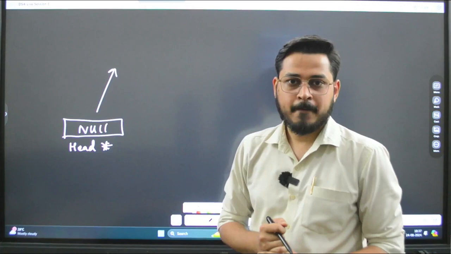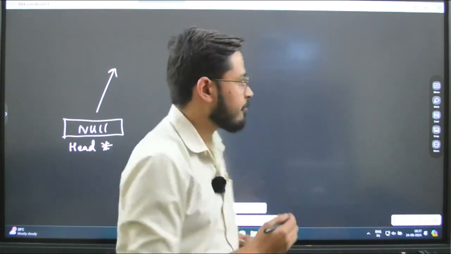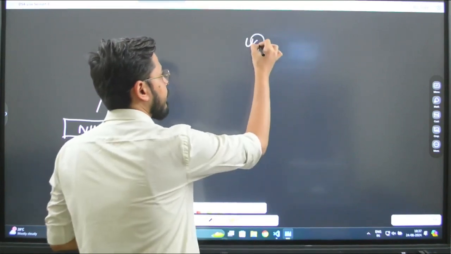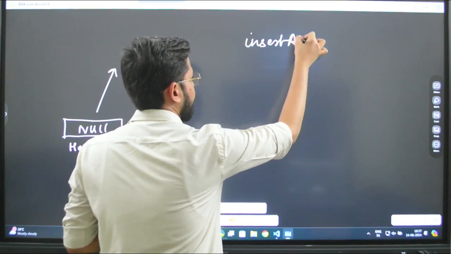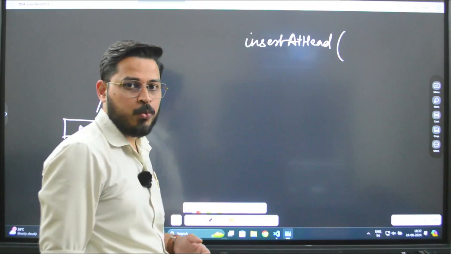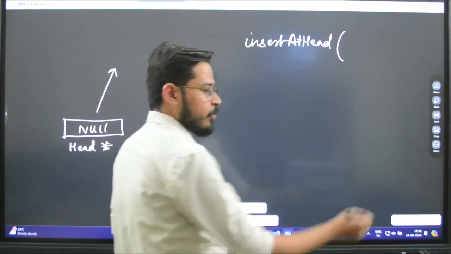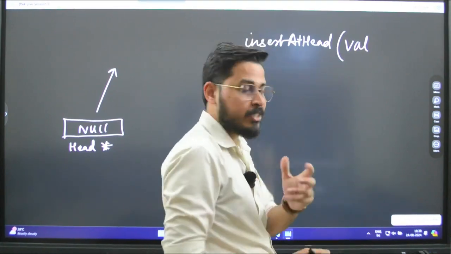Okay, so what will we do? I have started by creating the insert at head. What do we need for the parameters here? First, we need a value. What value do you need to insert?